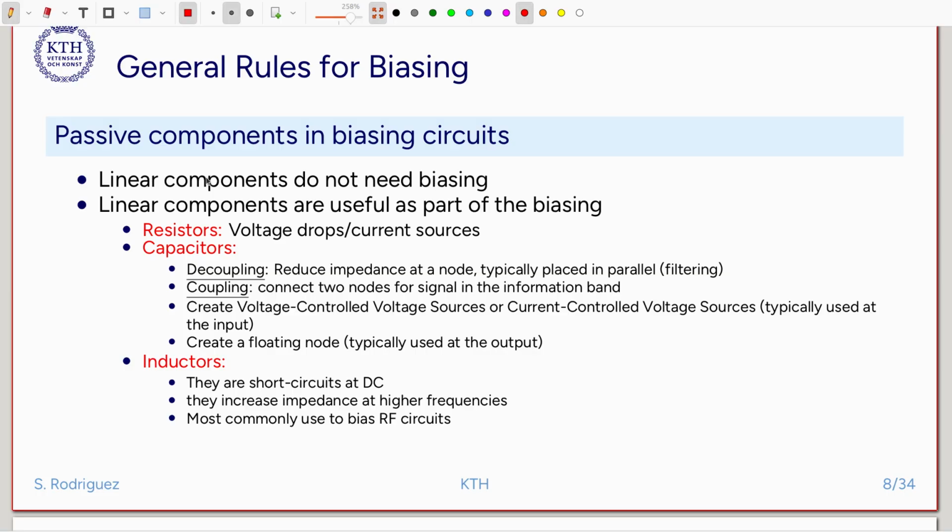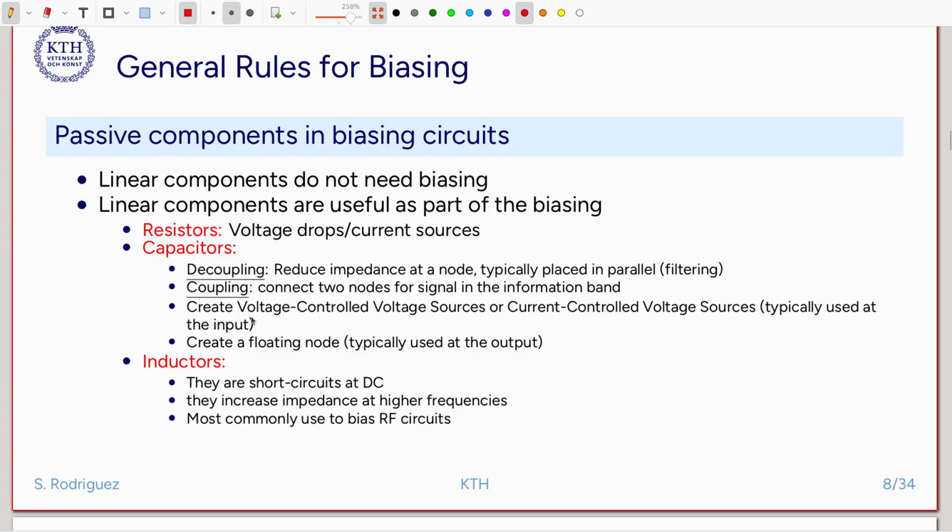I can create voltage controlled voltage sources or current controlled voltage sources. So these capacitors can also be used as a control source. So we will see an example of how it works, because some of these input voltage sources might be replaced by capacitors connected to the feedback.